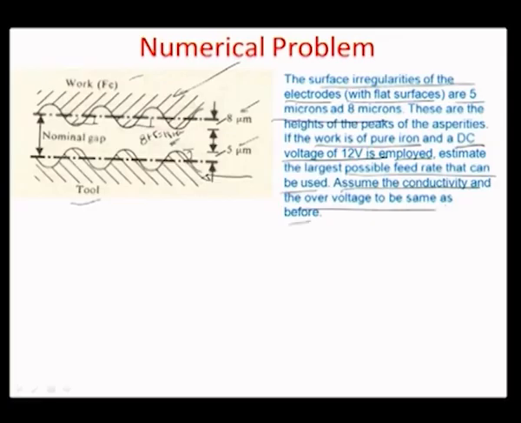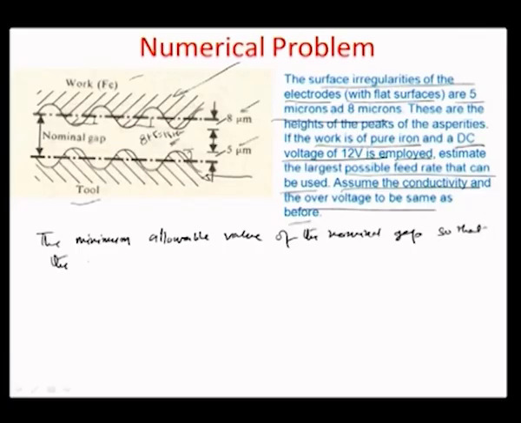So here for example the minimum allowable value of the nominal gap so that the electrodes do not touch each other is about 13 microns. Okay.